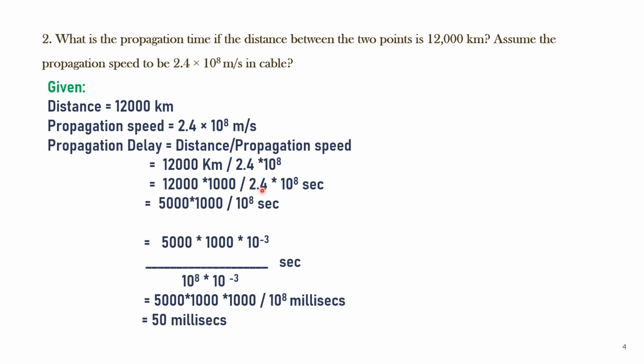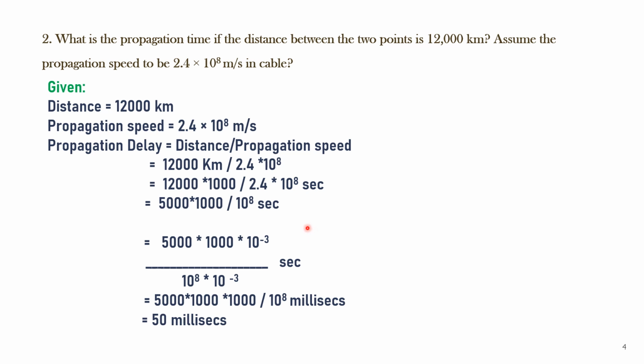When you divide 12,000 by 2.4, you will get 5,000. So it is written here as 5,000 into 1000 divided by 10 to the power of 8 seconds.